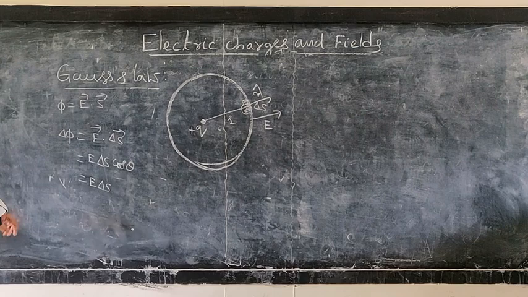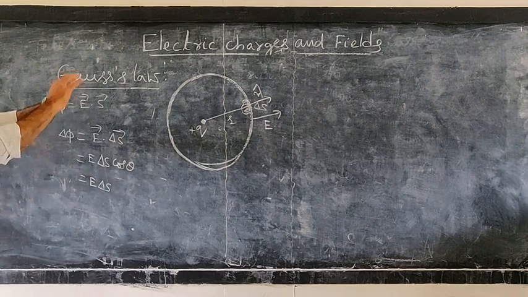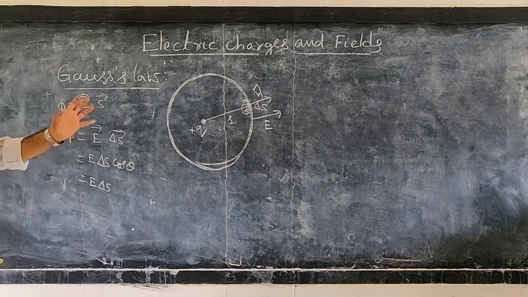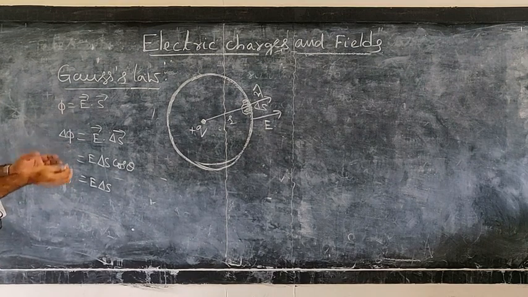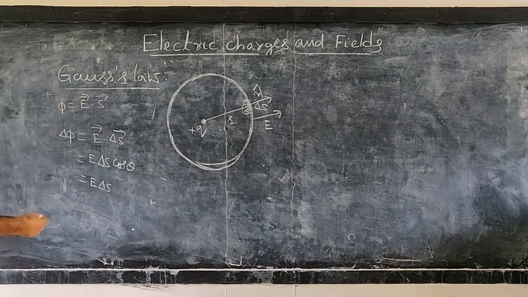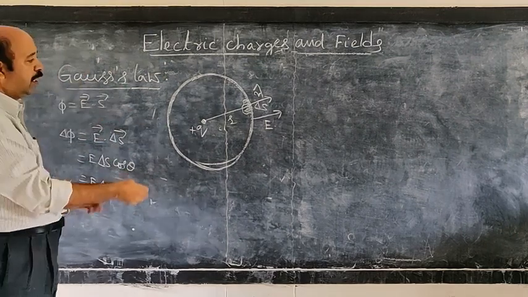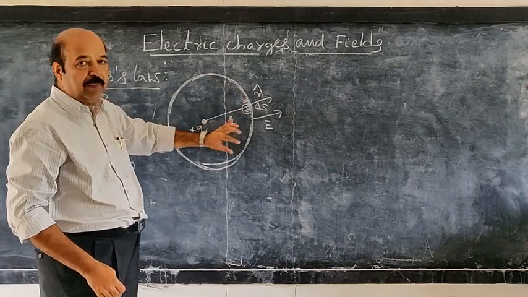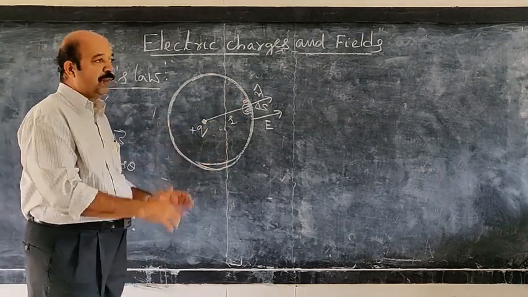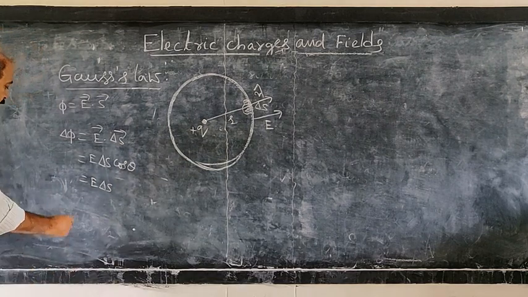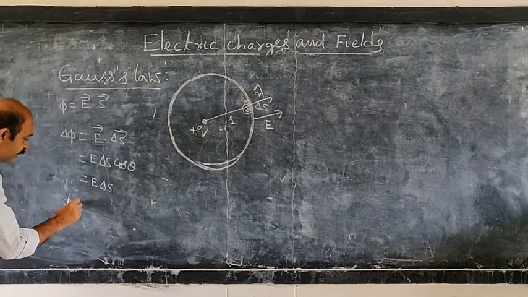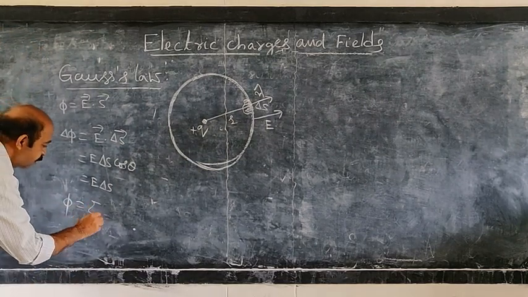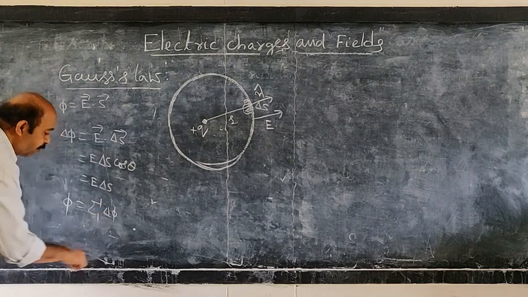And to find out the total flux through this sphere around this point charge plus Q, you divide this entire sphere into small elements and then sum up the flux due to all such elements. In such case, total flux is given by sigma delta phi.